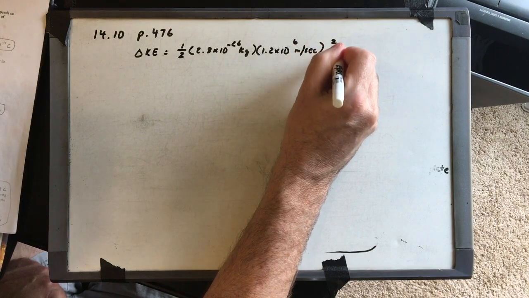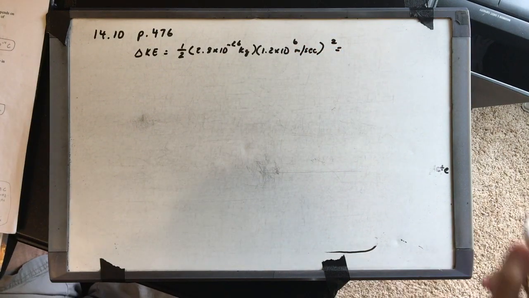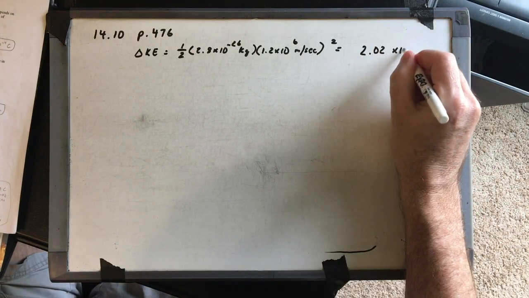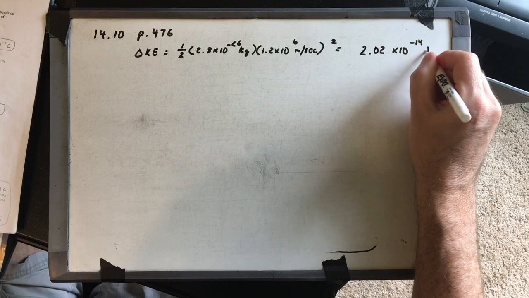Don't forget to square that value. And you'll get 2.02 times 10 to the minus 14 joules.